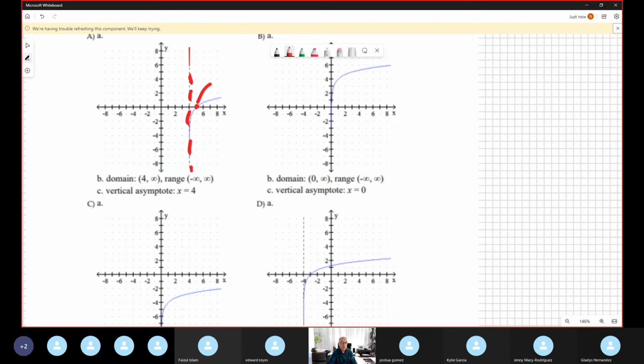This is the confirmation, 5, 0. Let's check in domain and range. It's obvious that the domain is from 4 to infinity. This is our domain. Look, that part. And now the range is all real. And the vertical asymptote is at x equals 4. Super cool. This is the answer.